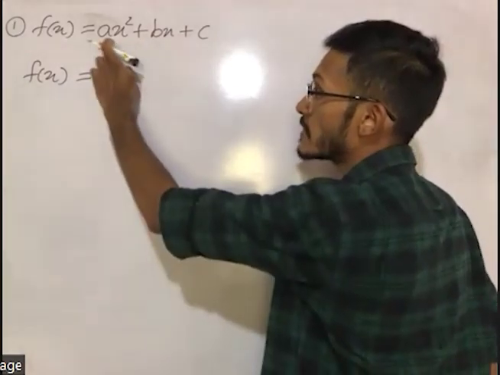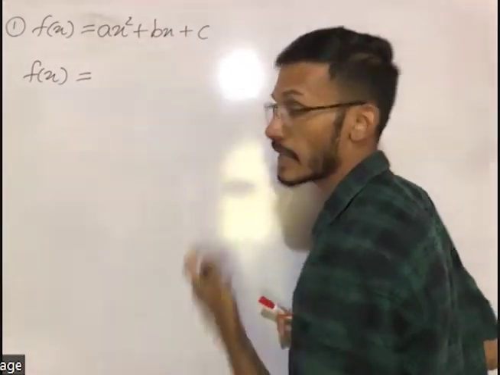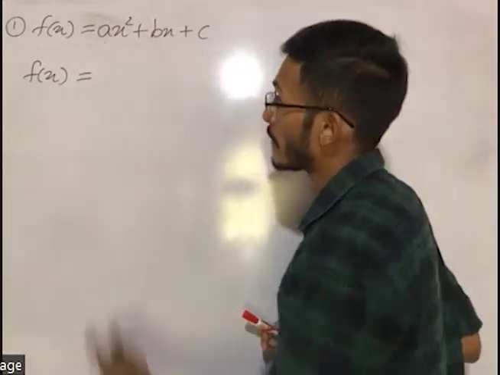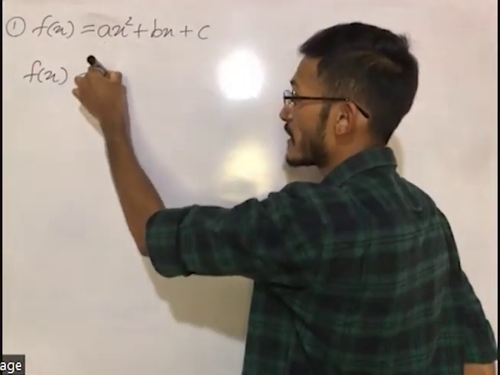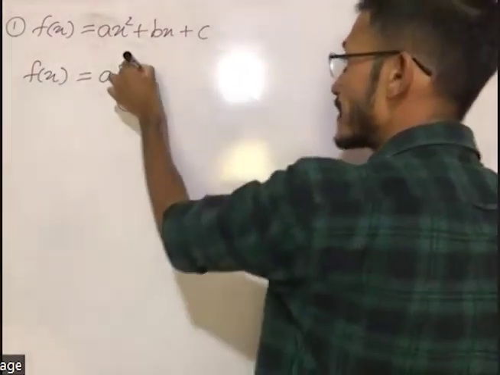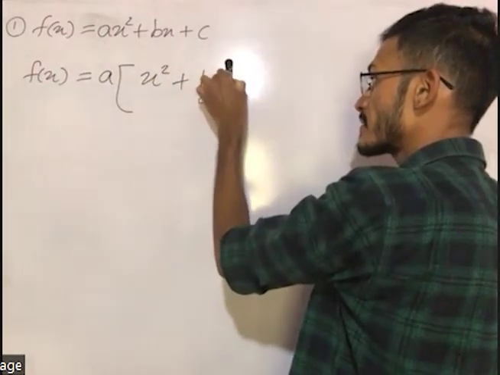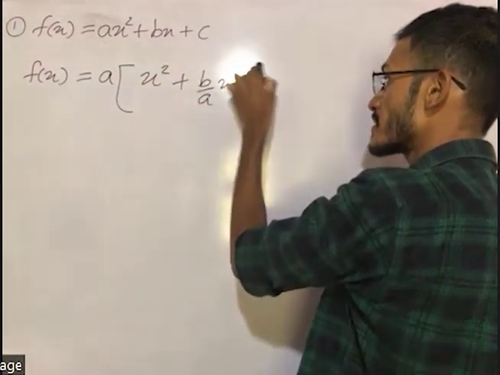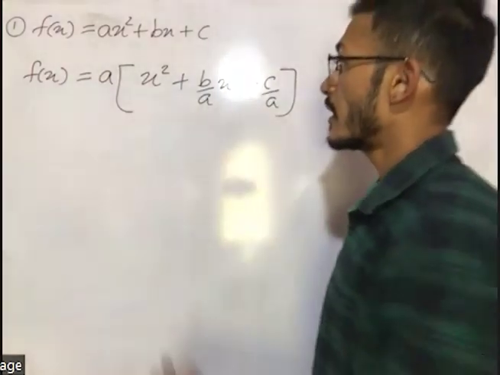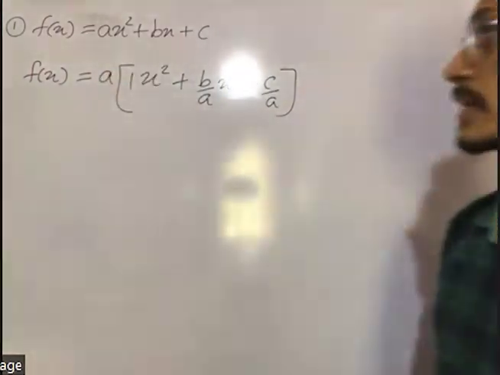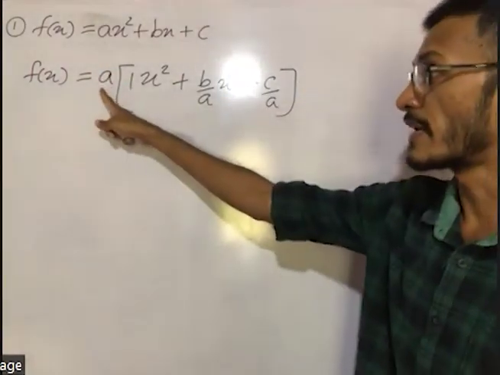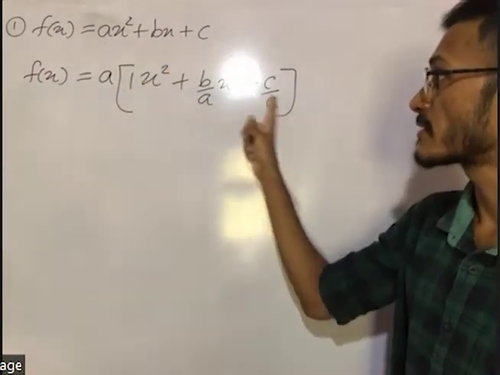Here the coefficient of x square is a, not positive 1. So I'm going to separate a, then brackets, x square plus b over a x plus c over a. Now the coefficient is positive 1. If you multiply by a, you will have ax square plus bx plus c.